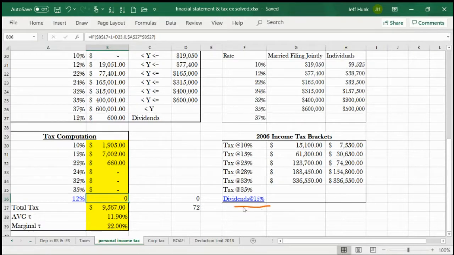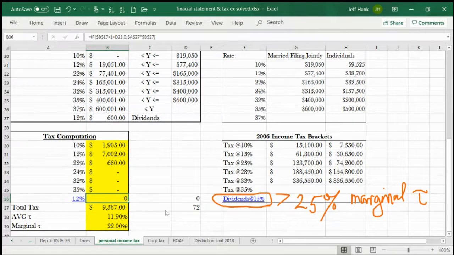Now, if you are above the 25% marginal tax bracket, marginal tax rate, so that tau, that's the Greek character tau, which stands for tax rate.